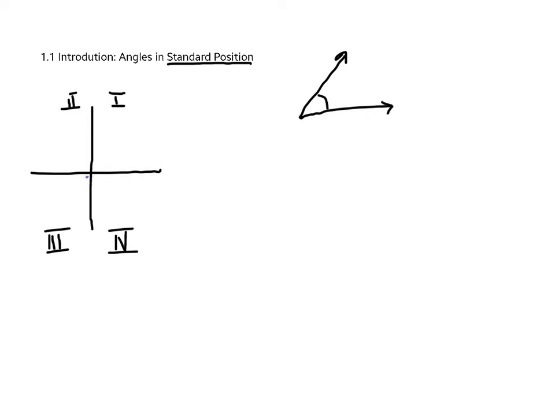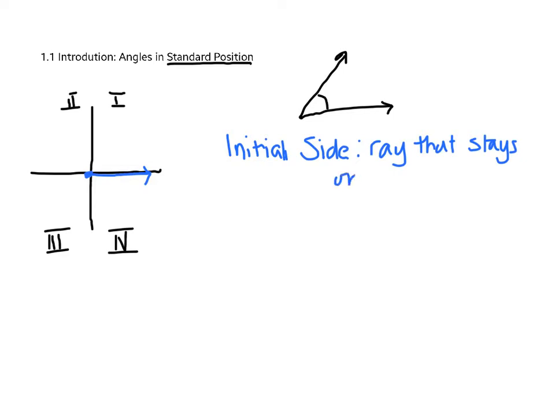So we're going to have what we call our initial side, which is going to be the ray that stays on the positive x-axis. Okay, so that's our initial side.